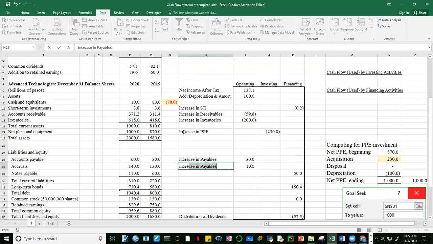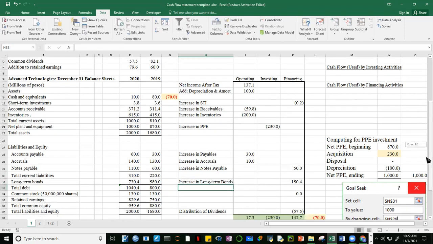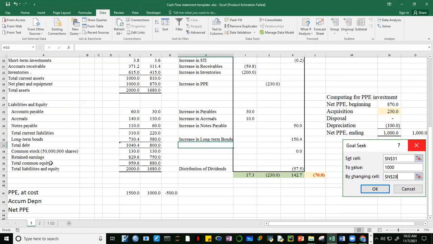increase in accruals, increase in notes payable, increase in long-term bonds.